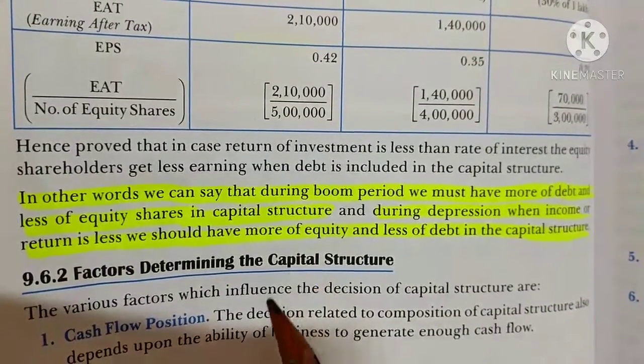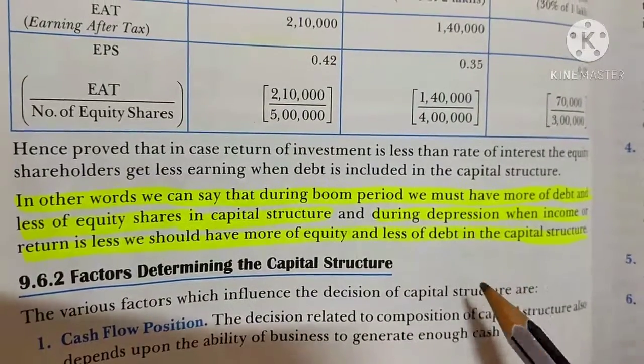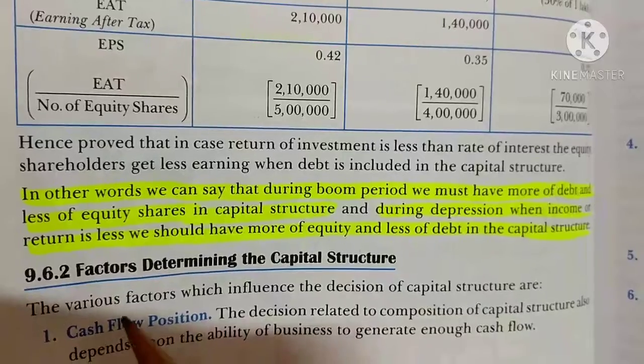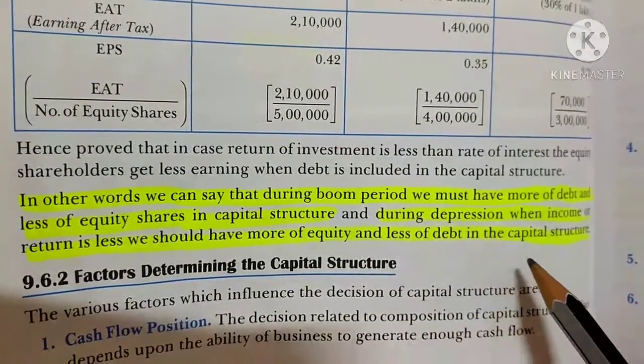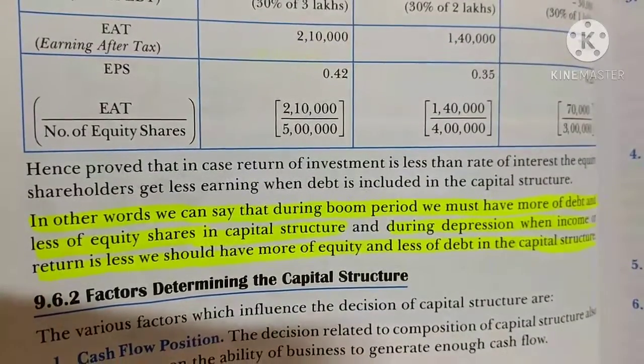But when the market is in depression, when our income is less, return is coming less, in that case, we should have more equity and less debt in the capital structure. So this should be the composition of capital structure.